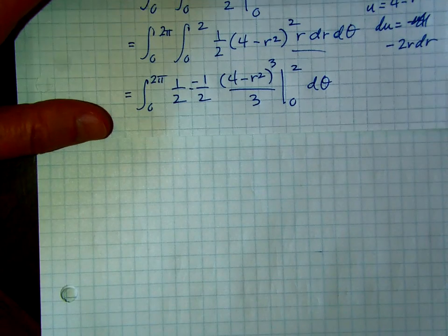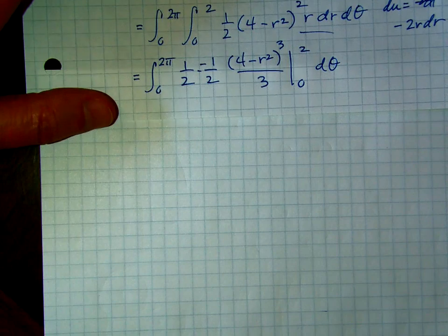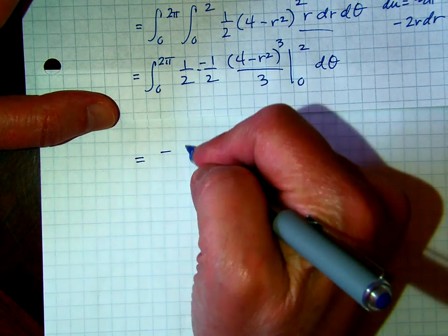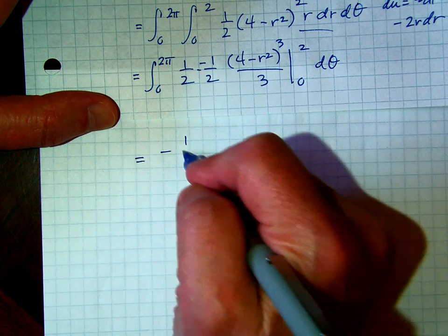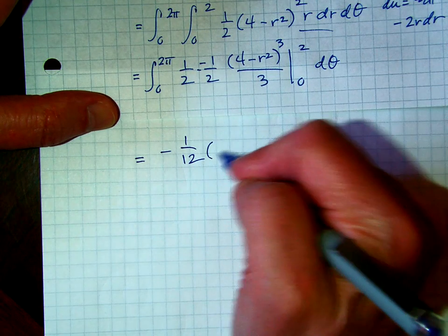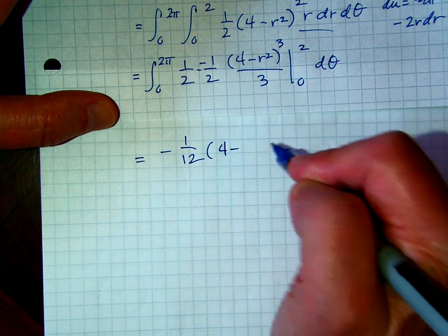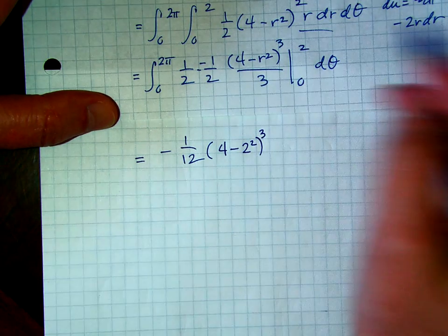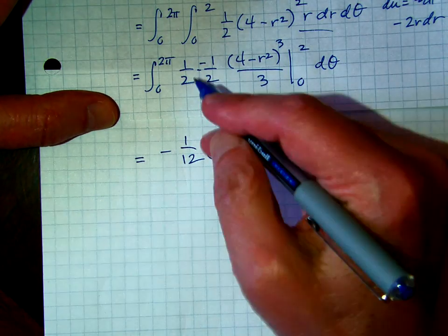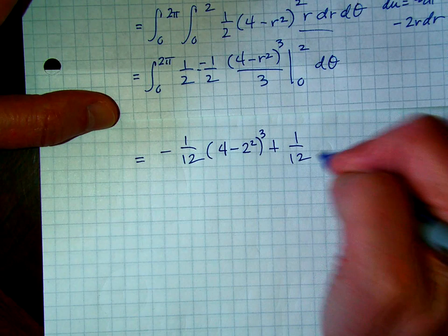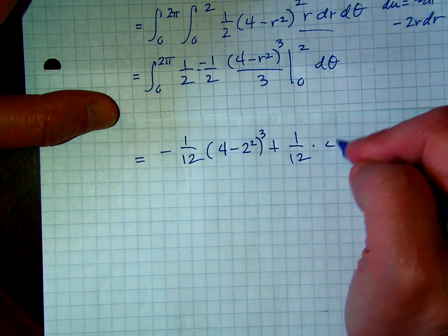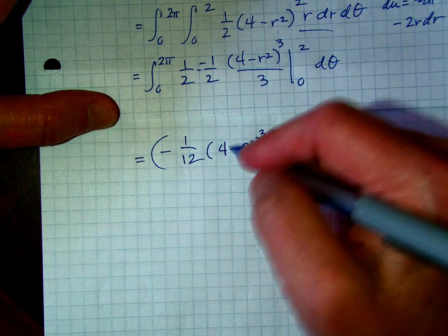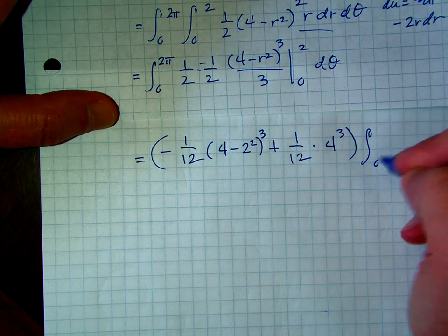If I go from there, what do I have? Minus 1/12 times 4 minus 2 squared, cubed. Oh, that's going to be a 0. Okay? And then plus 1/12, stick in a 0, I get 4 cubed. And that's all constant. I still have 0 to 2 pi d theta.